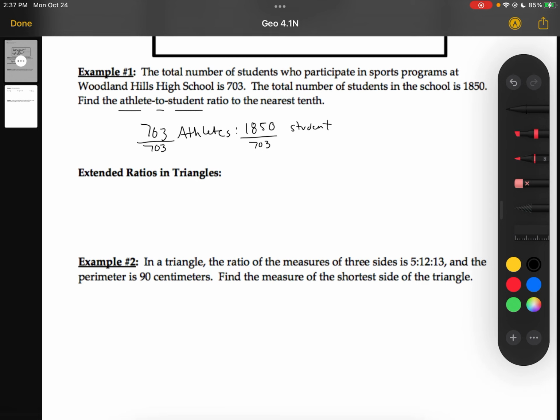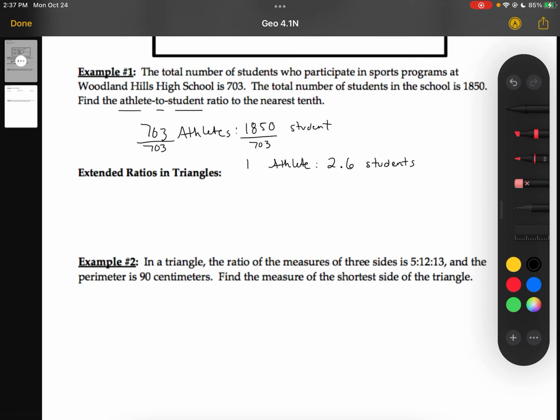So if we take 1850 divided by that 703, we're going to see 1 athlete for every approximately, it's like 2.6 and a few decimals, students. So that's another more useful way to use our ratios, is to get it to a quantity of 1, and the way that we do that is we choose our smaller number and divide both sides by that smaller number.